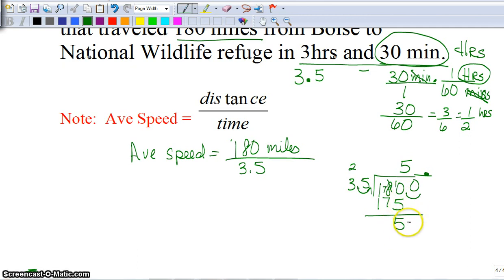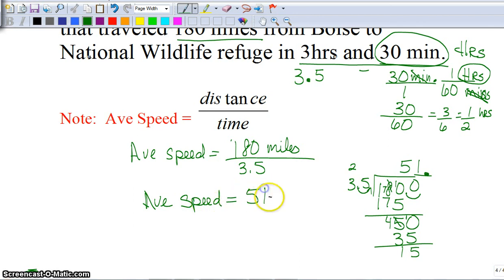Let's see. It's going to give me 50. So that's going to go one time. So I have a remainder of 15. So it's going to be approximately, the average speed is approximately 51 miles per hour.